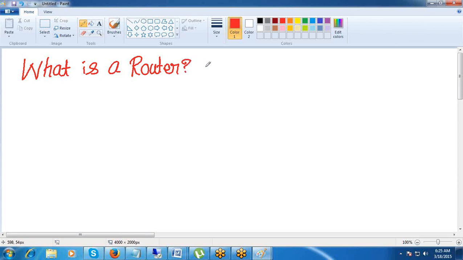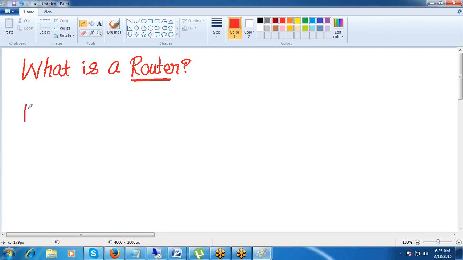So what is a router? Can anyone explain? A path. Okay. It shows a pathway from one network to the other network. Yes. The name itself gives the meaning.